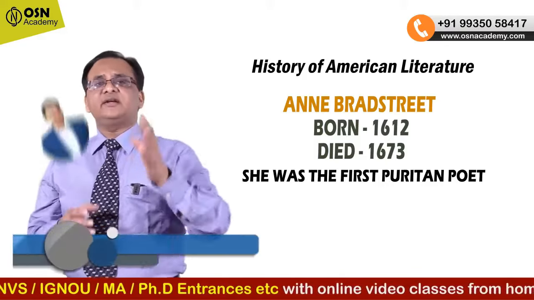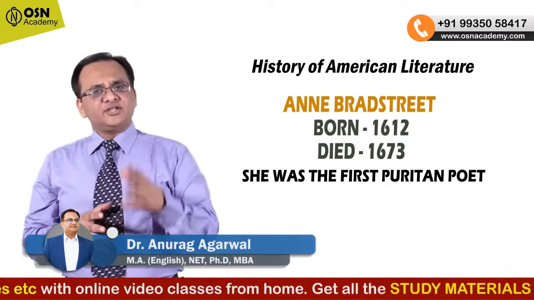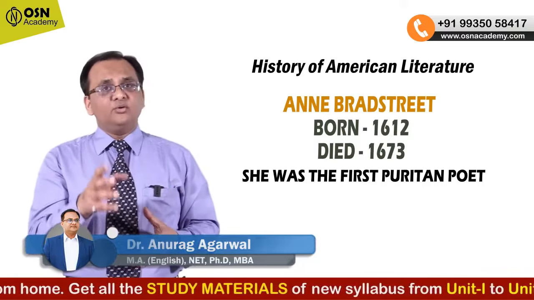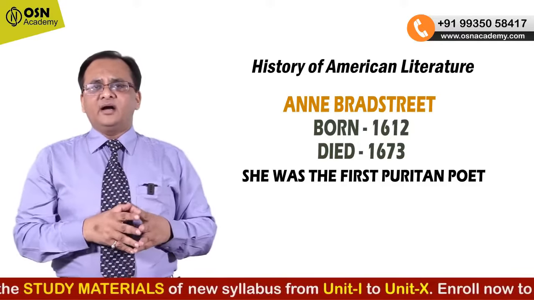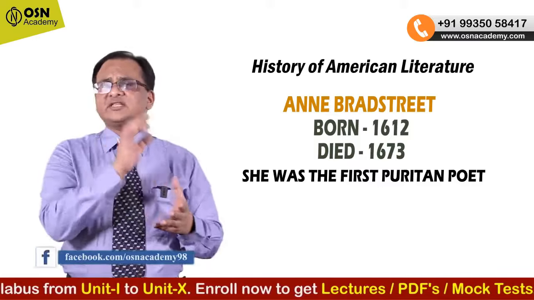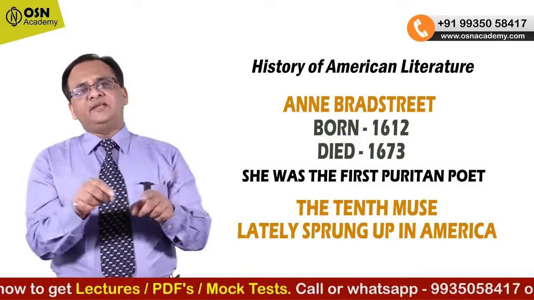But by 1650 she won a lot of name and fame as a poetess, and so her brother-in-law arranged for the publication of her poems under the pretentious title of The Tenth Muse Lately Sprung Up in America.